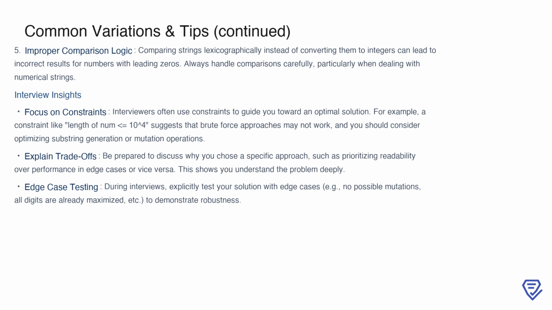For instance, you might prioritize readability over performance in certain edge cases or vice versa. This demonstrates that you have a deep understanding of the problem and the implications of your approach. Lastly, during an interview, explicitly test your solution with edge cases, like when no mutations are possible or when all digits are already maximized, to showcase the robustness of your implementation.